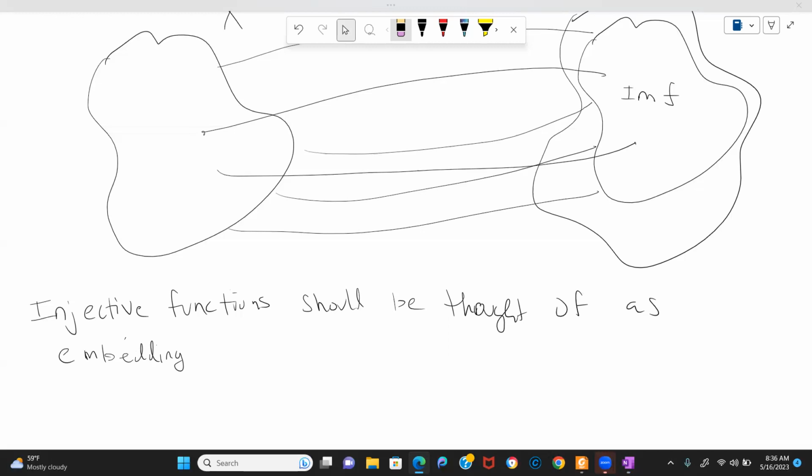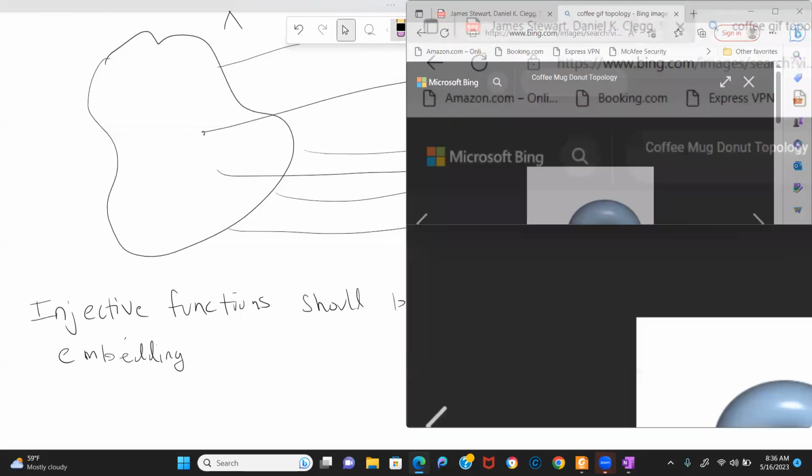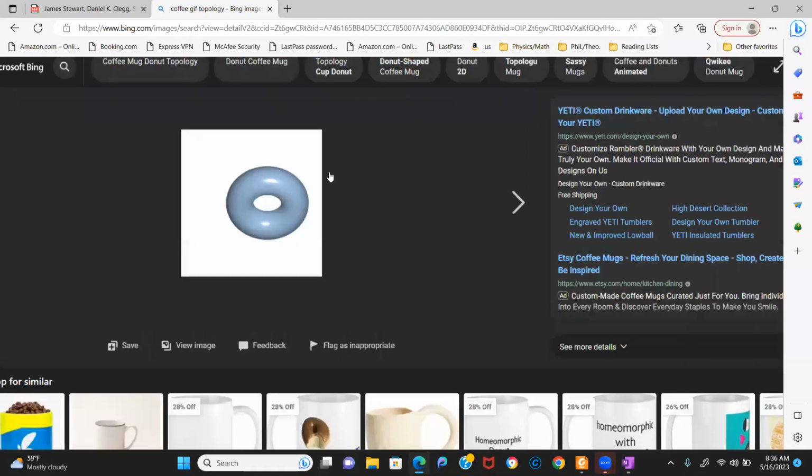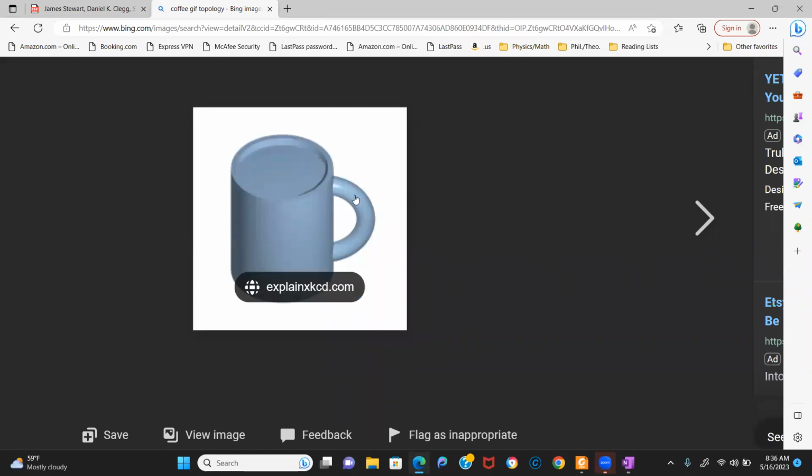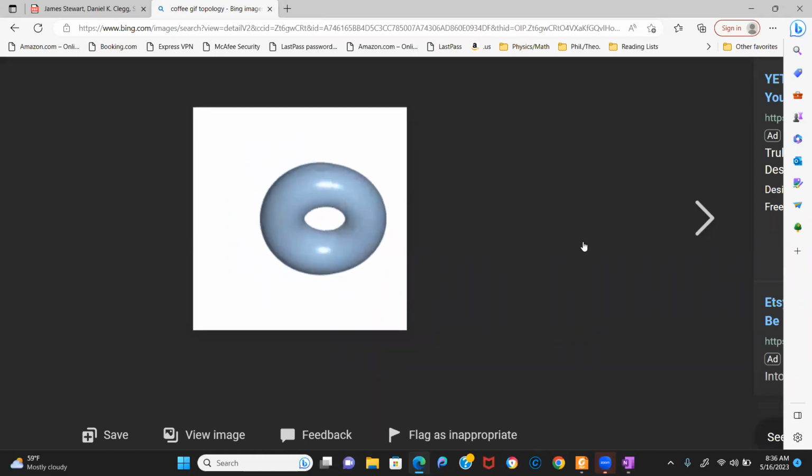The joke is that a topologist, someone who studies topology, can't tell the difference between a coffee mug and a donut. Hopefully you can see this visualization right here. There's a continuous deformation, or transformation, of one space into another.